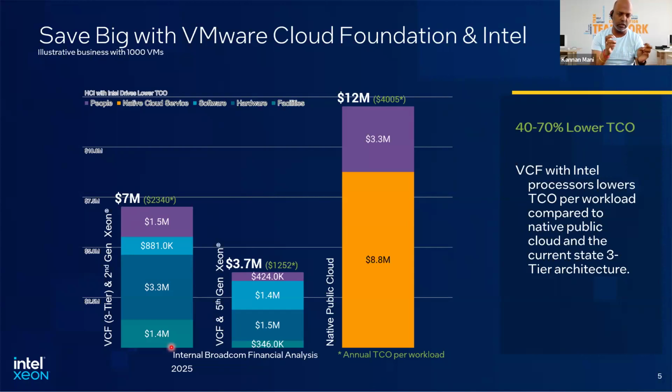Gen 1 is codenamed Skylake, and Gen 2 is Cascade Lake. Skylake is already end of life. We tell them to get out of Skylake and move to the latest, greatest generation, which is Xeon 6. Second generation, Cascade Lake, will be end of life by the end of this year. There are many customers still on that.